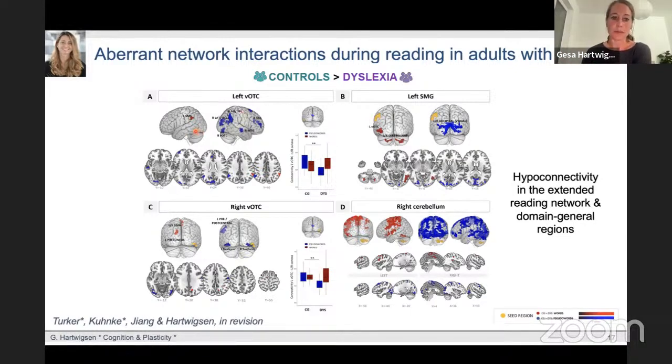So we show decreased connectivity with classical reading areas, but also with numerous right hemispheric regions during the task. So I would say this is a pattern of hypoconnectivity with both the reading network and with a lot of domain general areas.